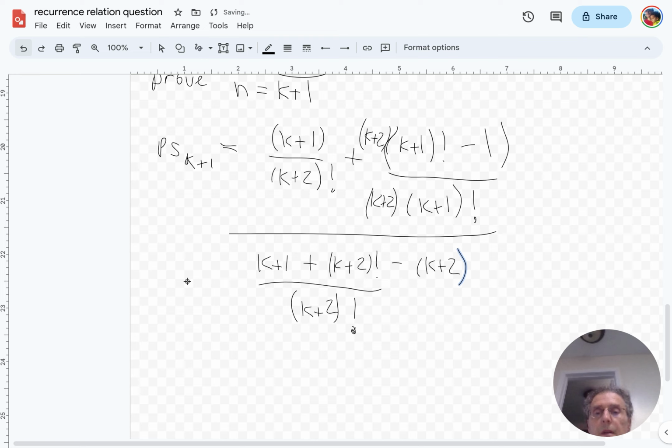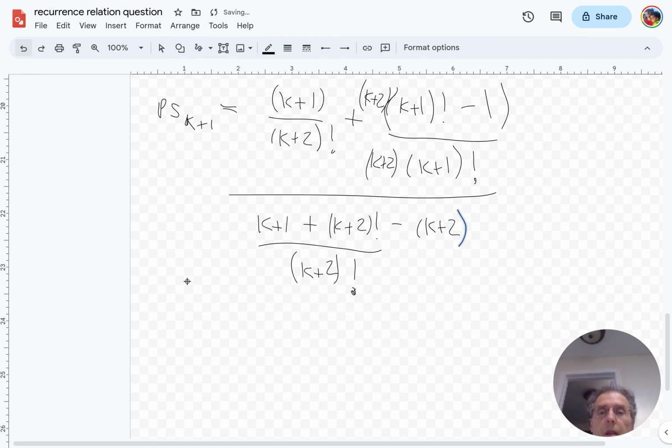So what do we end up with? Obviously the k's disappear, and the minus 2 and the plus 1 become what? They become minus 1, right?